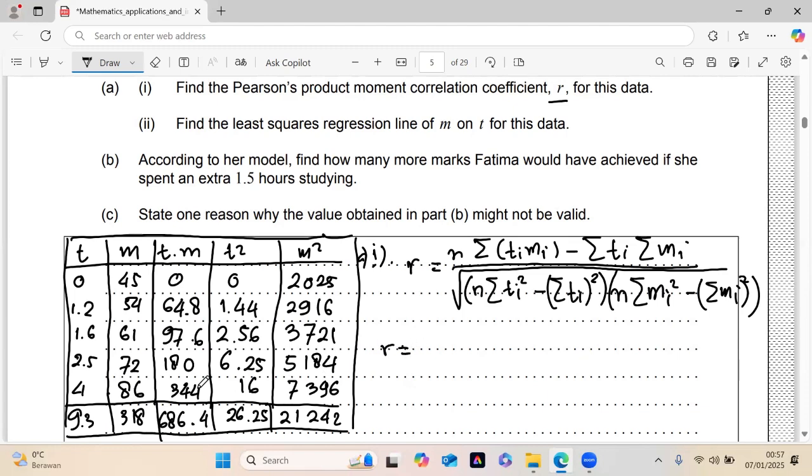Now substitute the information. N equals 5, because there are 5 data: 1, 2, 3, 4, 5.